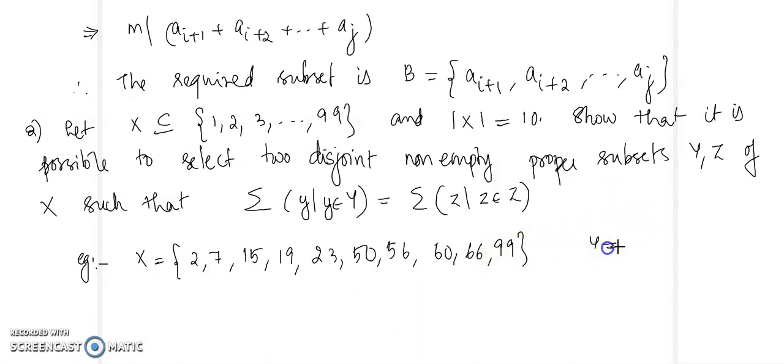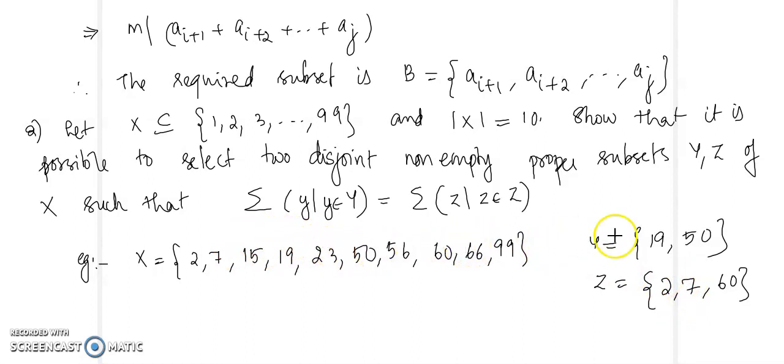If I take the subset Y as 19 and 50, which is a subset of X, and the subset Z as 2, 7 and 60, we can see that the sum of the elements in Y is 69 and the sum of the elements in Z is also 69, and Y and Z are disjoint sets. So this is what we need to prove.